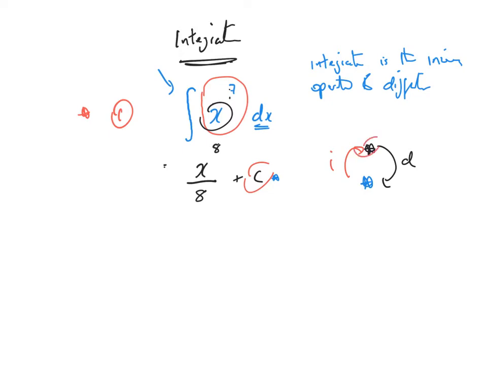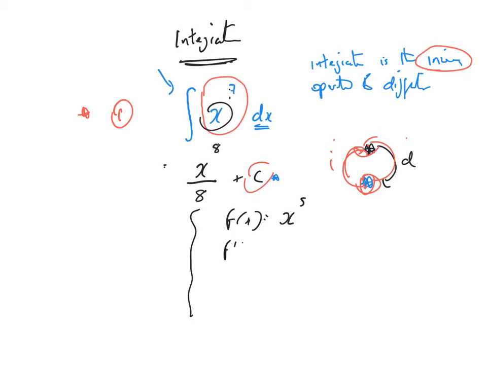So if you've got a function, you differentiate it, you've got a new function. If you get that function and integrate it, it's like working backwards, you're back to where you started. So we would say that those are opposites or inverse operations. Let's think about that in action. Let's say I had f of x and f of x was equal to x to the 5.